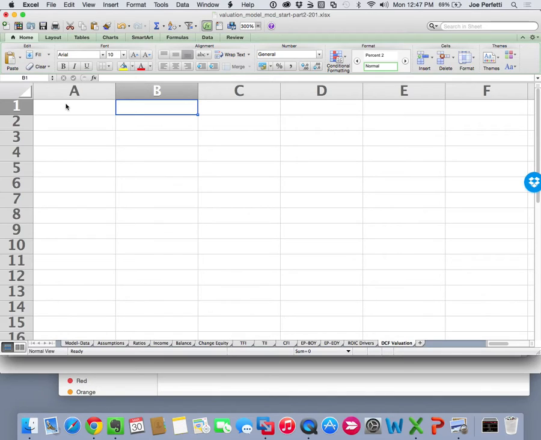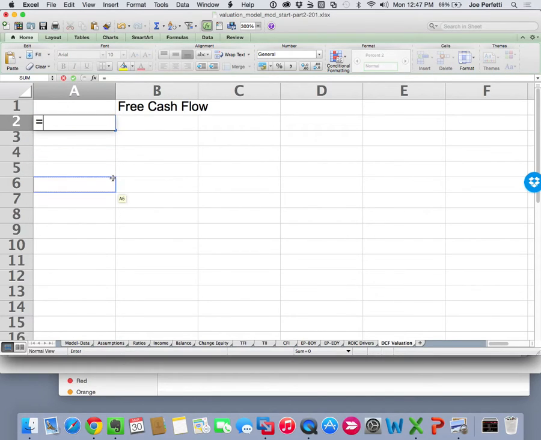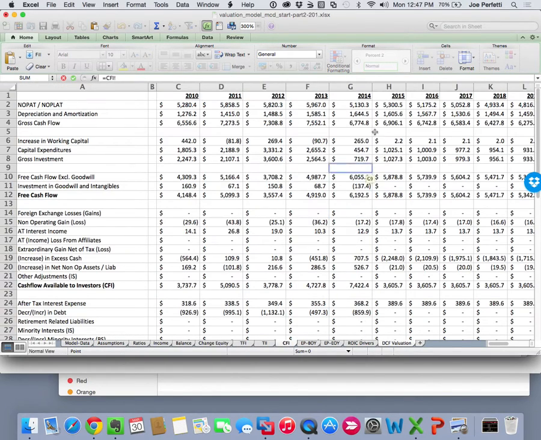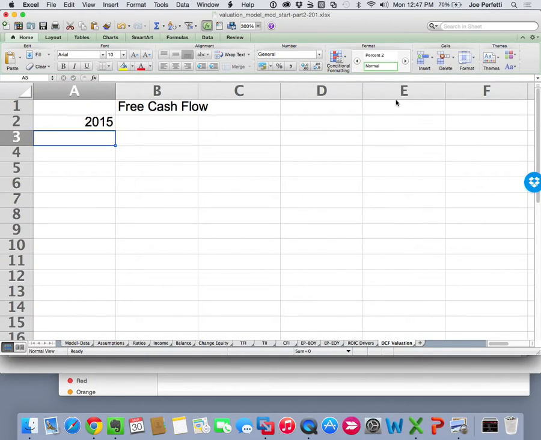So let's start out with the operating value. The key number for operating value is free cash flow. The first year of our forecast period, I'll get out the CFI, is 2015. We have 6 years of forecast, so we're going to do 5 years of defined period, and then the 6th year will be the start of the continuing value period.